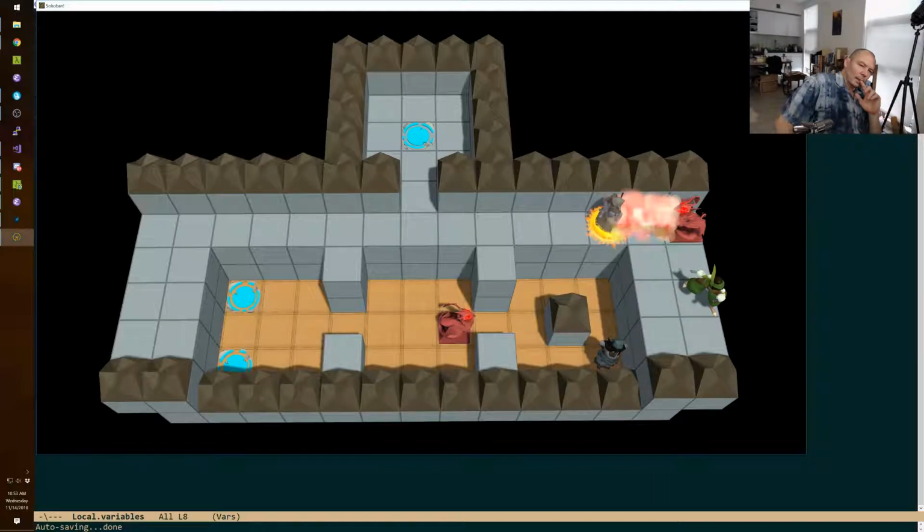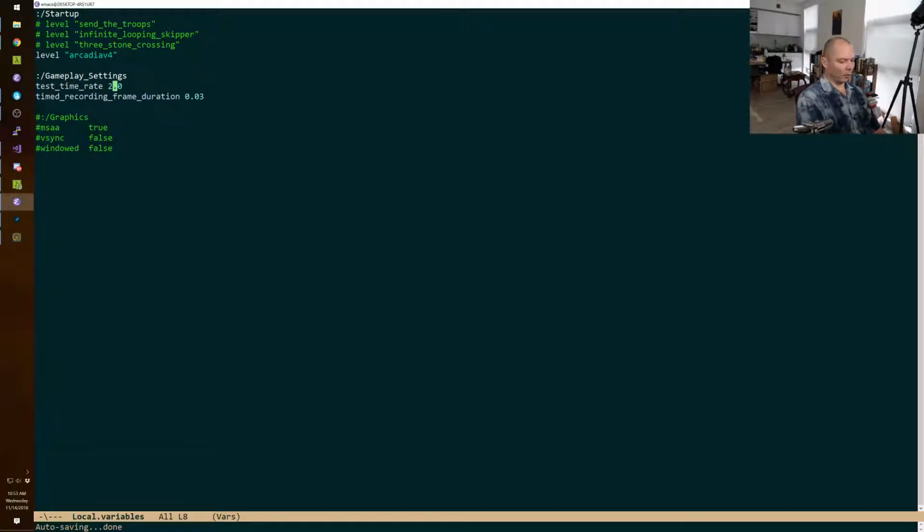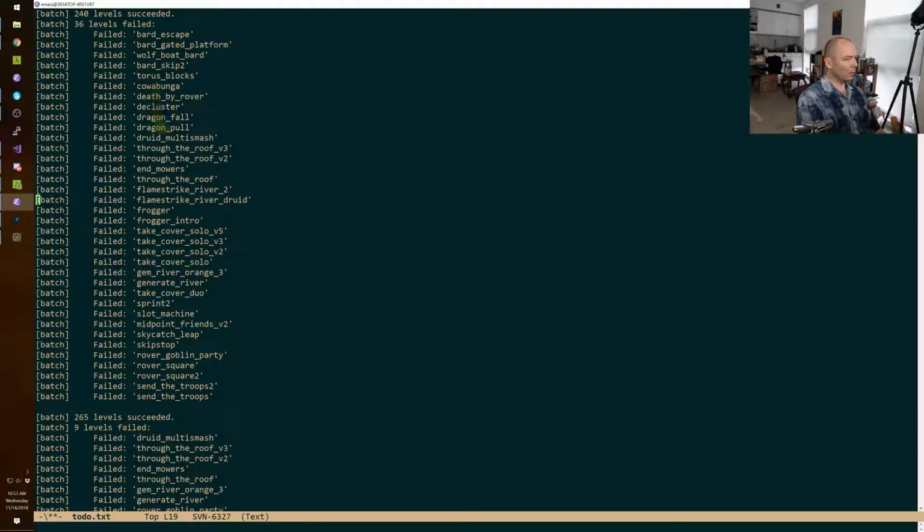It's really strange. I'm not supposed to be able to walk a square away from that without pulling it. Are there other pulling levels failing? Well, Dragon Pull probably is a pulling level.